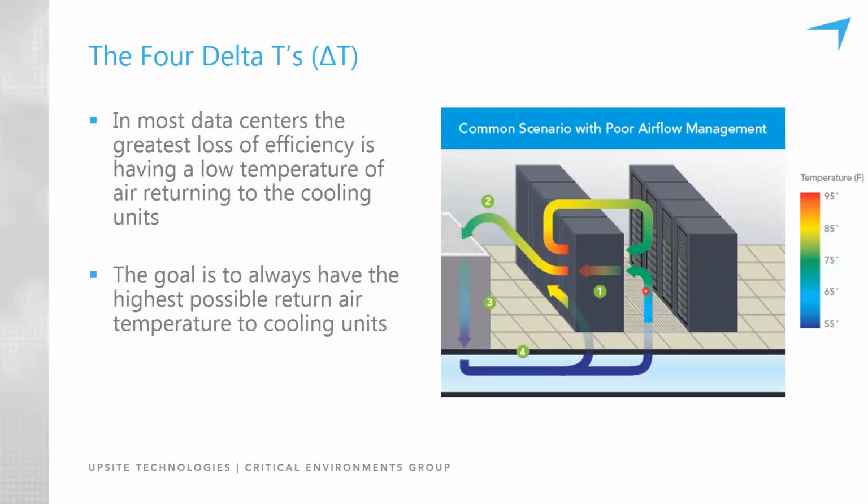However, there's a point of diminishing return, and in well-managed data centers, these delta T's can be down to approximately 5 degrees Celsius or 3 degrees Fahrenheit. That's the goal. And they're relatively easy to measure, and I encourage you to do that. They are a very clear indication of the opportunity for improving the cooling optimization in the room.